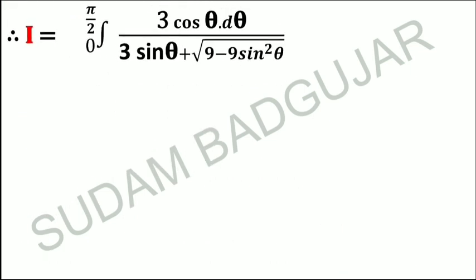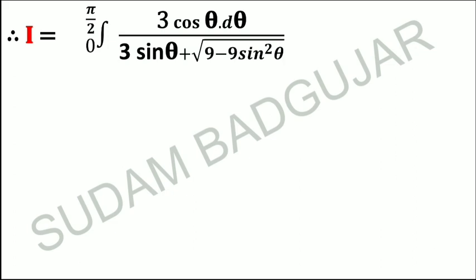Therefore I is equal to the integration of 3 cos theta into d theta, that is dx, divided by 3 sin theta plus under root of 9 minus 9 sin square theta, from 0 to pi by 2. Taking 9 common from the under root, it becomes under root of 9 into bracket 1 minus sin square theta.